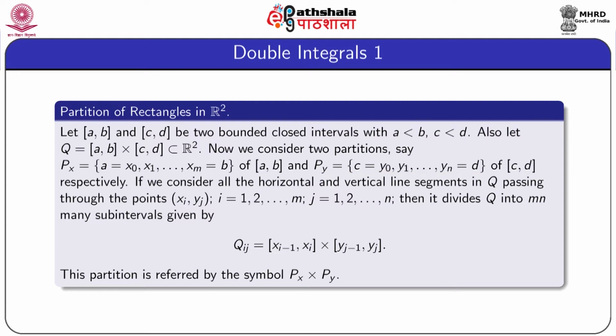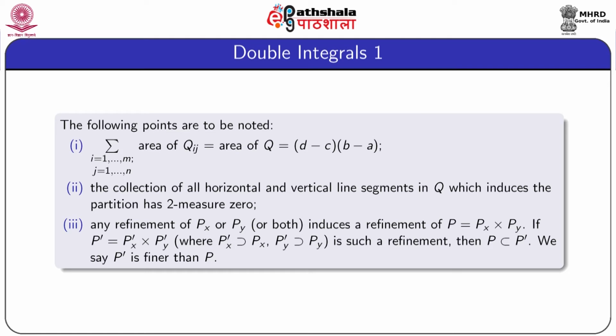If we consider all the horizontal and vertical line segments in Q passing through the points xi, yj, where i runs from 1 to m and j runs from 1 to n, then it divides Q into mn many subintervals given by Qij equal to the Cartesian product of the subintervals [xi minus 1, xi] and [yj minus 1, yj]. This partition is referred to by the symbol Px times Py.